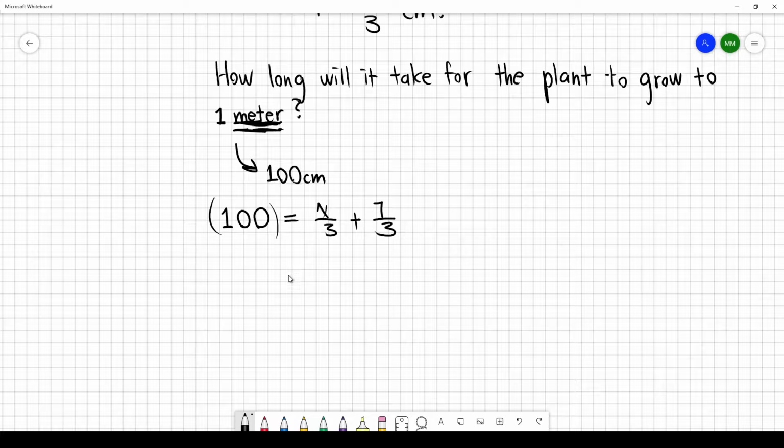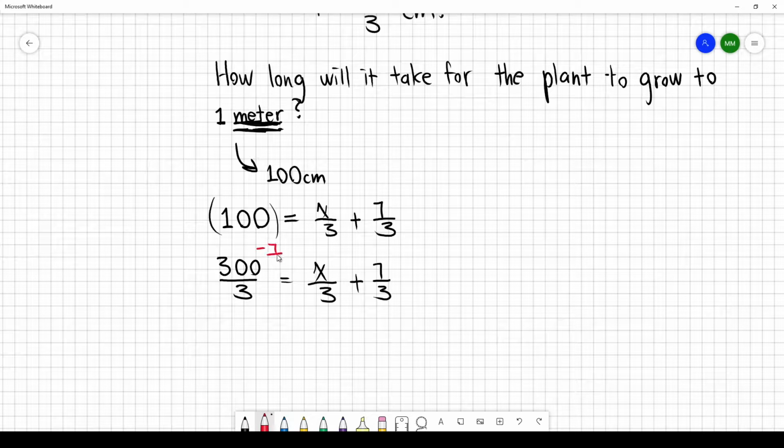Essentially, I've got to convert this into a fraction first, all with the common denominator.